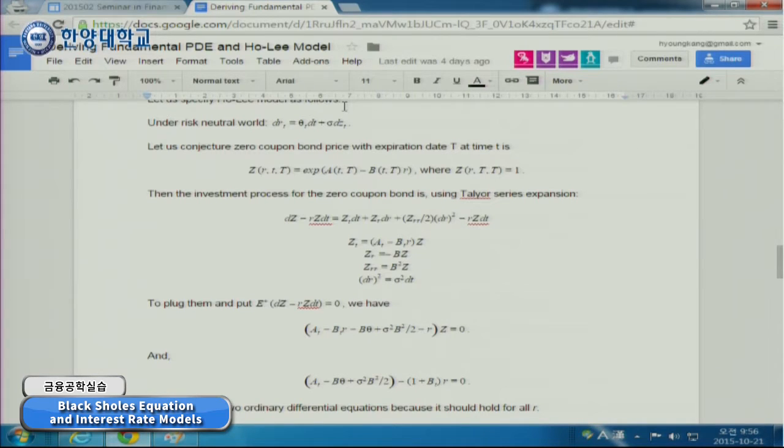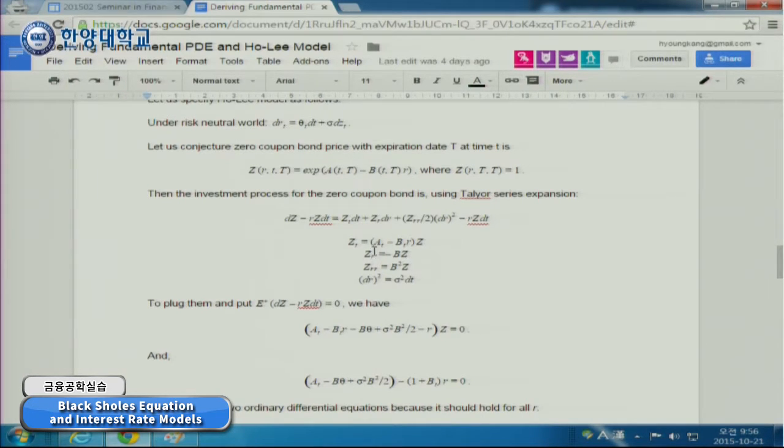Because Z is an exponential function, it is easy to compute Z_t, Z_r, Z_rr. Z_t is an exponential function, so we have Z, and then the chain rule, like f g prime.